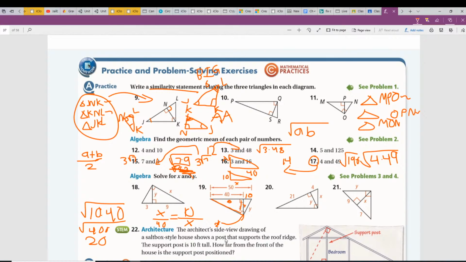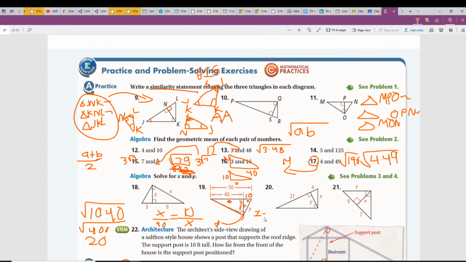Now what we need to do is solve for y. The way we would solve for y is we take this small angle and this big angle. So we're going to take the hypotenuse. This big angle's hypotenuse is 50.